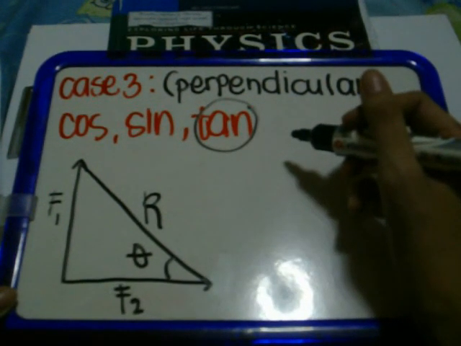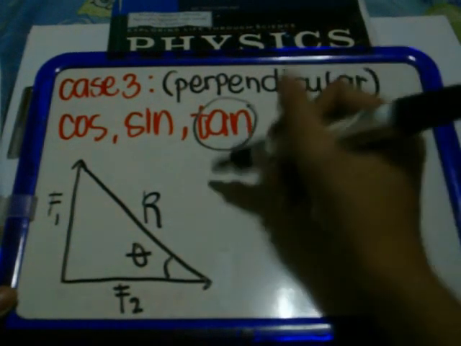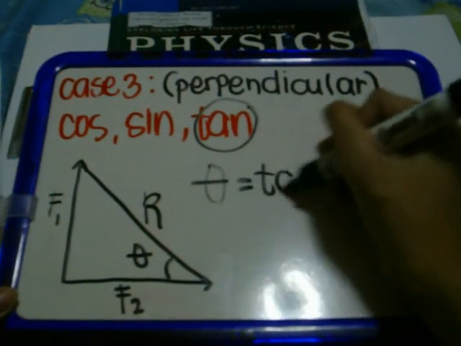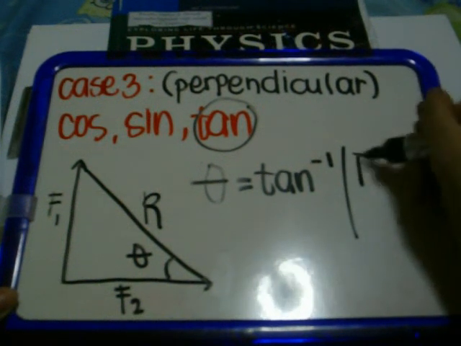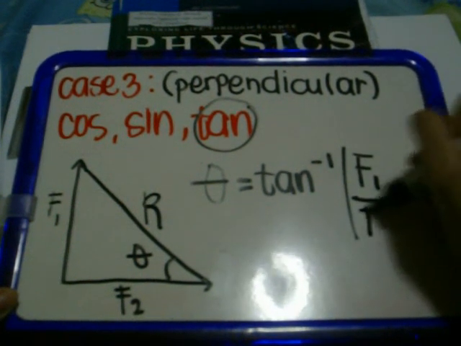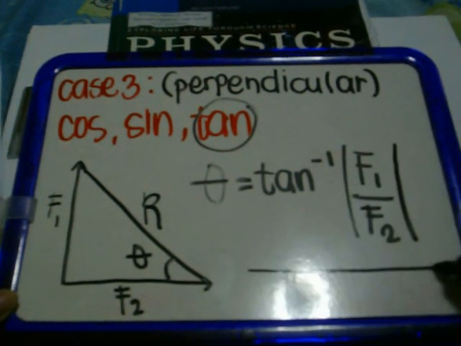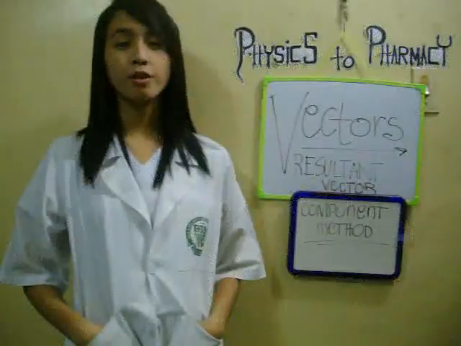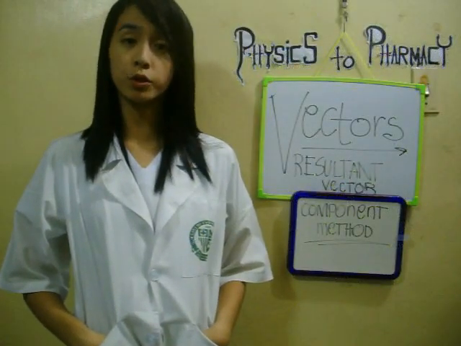Hence, to get the angle, you are to follow this formula. You have now the idea on how to solve for the resultant of two vectors.